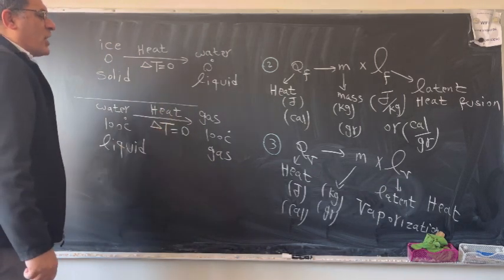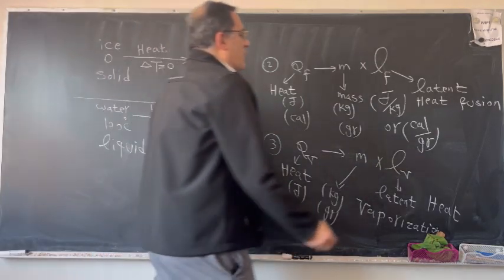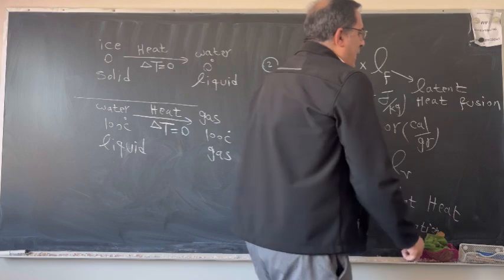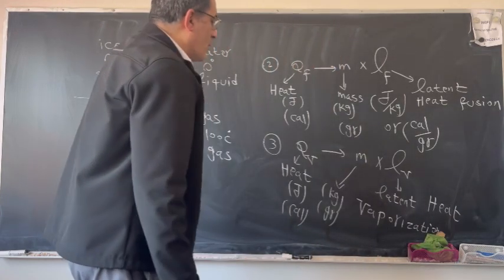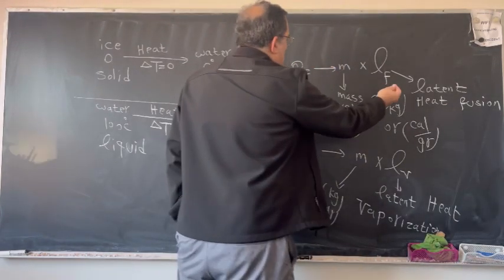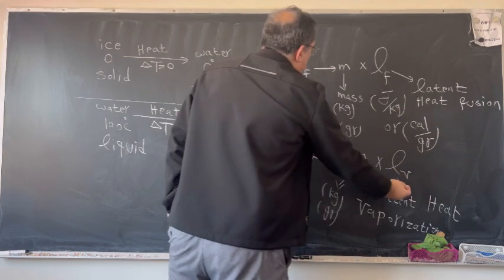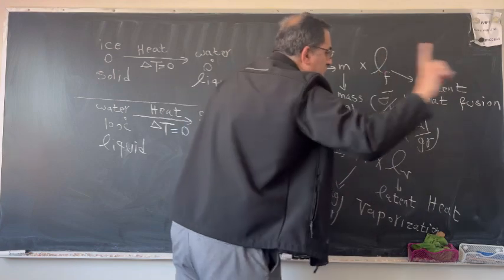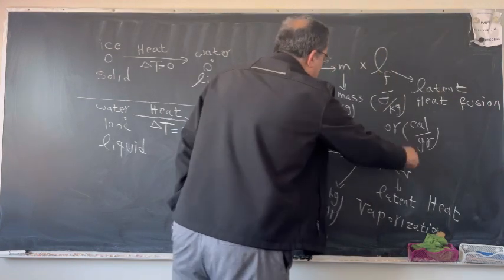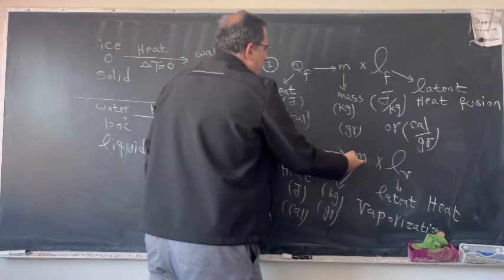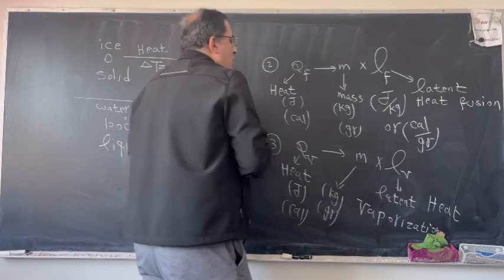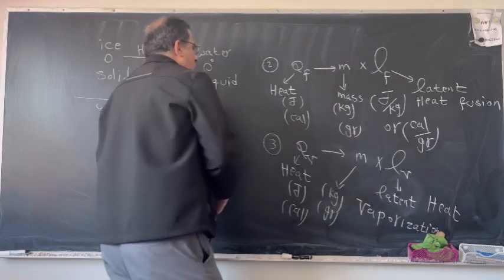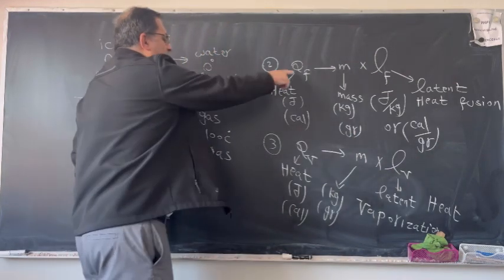LF is latent heat of fusion, LV is latent heat of vaporization. These change solid to liquid and liquid to gas. This is per unit of mass; when you multiply by M, this is the amount of heat for n kilograms: 5 kilograms, 1000 kilograms, 200,000 kilograms.